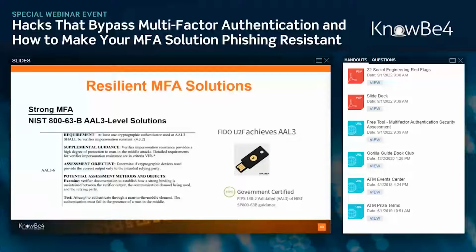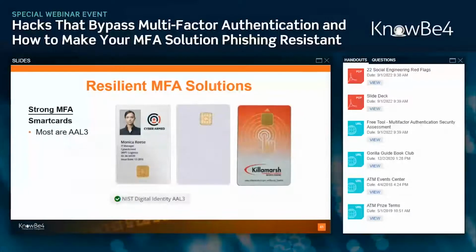They only had AAL2. Or they said eventually we'll support it, or we could support it. So just be aware of that. Many of the solutions that said they were AAL3 were not. So make sure you read the fine print. That was a little bit sad to see. It came from some major vendors that we all love, know, and trust. So make sure that the fine print says that it really is AAL3.